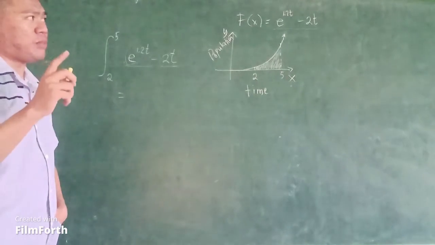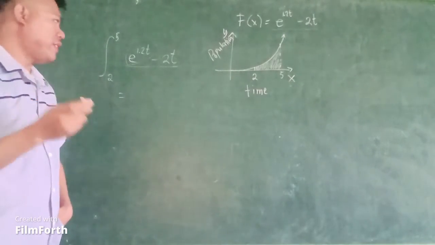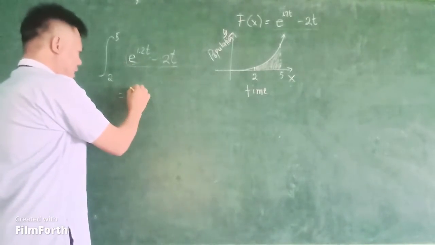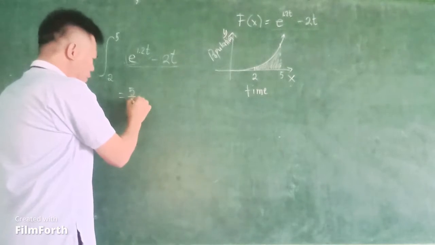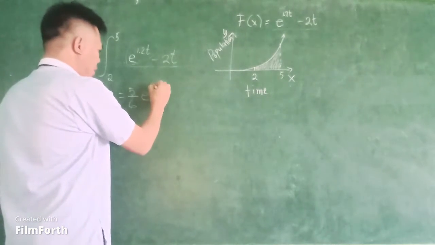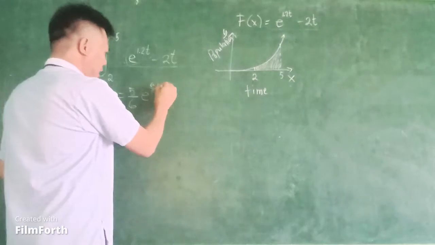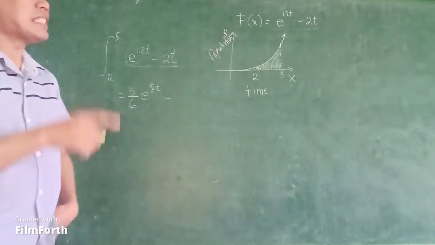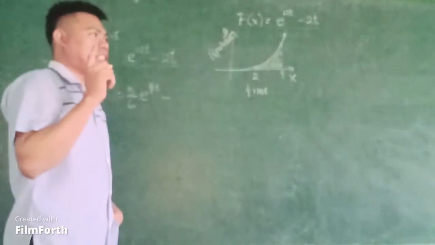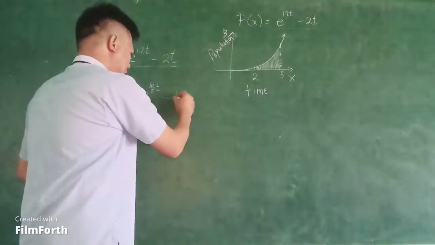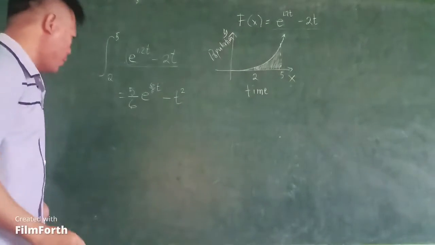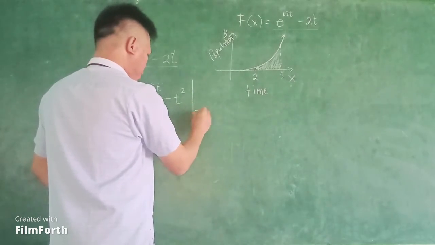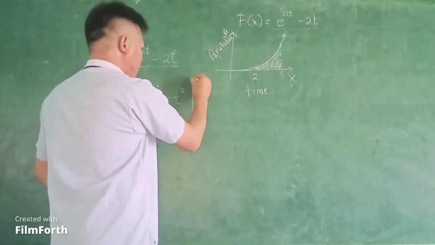So since it is 6 over 5, the antiderivative of this term is 5 over 6 e raised to 6 over 5 t, then minus the antiderivative of 2t, which is 2t squared over 2 or just t squared, with the limits from 2 to 5.